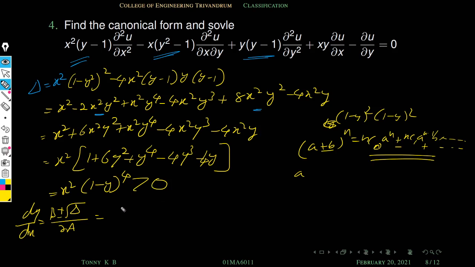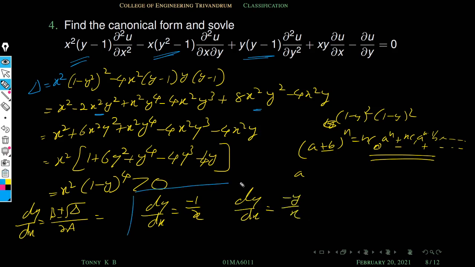After simplification, the expression is like this. We have two differential equations. One is dy by dx is equal to minus 1 by x, and the other is dy by dx is equal to minus y by x. These are the two differential equations corresponding to this equation.